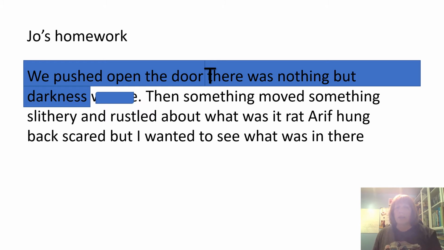Now the next sentence is all about something moving, and I think we might be able to use most of the words if we add a comma. Let's have a look. Then something moved, comma, because that's the first part of the sentence, and I want to add some extra information, so I need another comma. Something slithery.